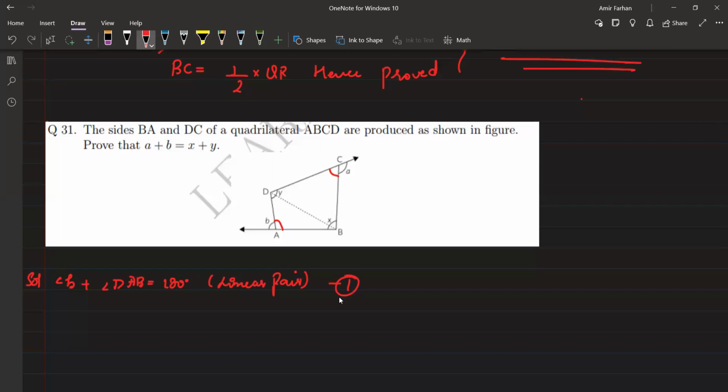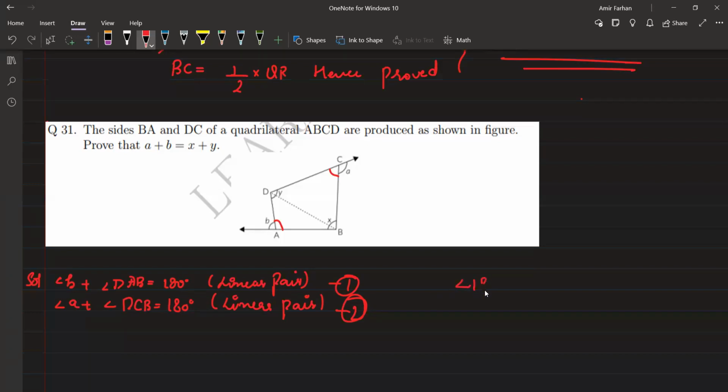This is equation number 1. Similarly, angle A plus angle DCB equals 180 degrees, yes or no? Same property, linear pair. This is equation number 2. See this thing. If both sums are equal to 180 degrees, can I equate both the equations? Because on the right hand side the sum is 180 in both, can I write angle B plus DAB is equal to angle A plus DCB?